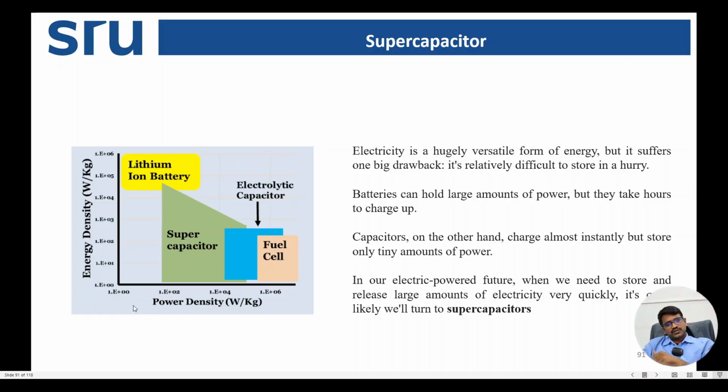In any energy storage device, two parameters are very critical: one is power density, another one is energy density. So you see this image.